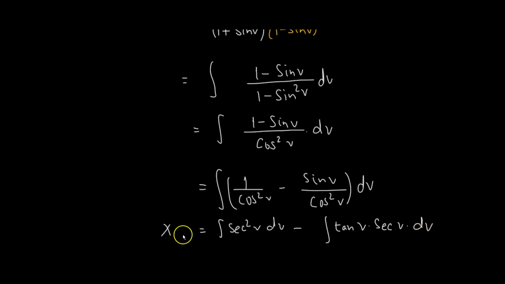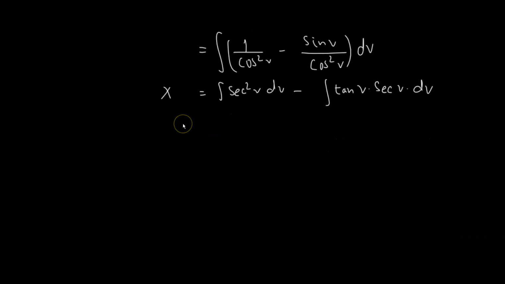So finally we get x equals tangent of v minus integration of tangent v times secant v, that's simply secant of v, plus the constant of integration c.